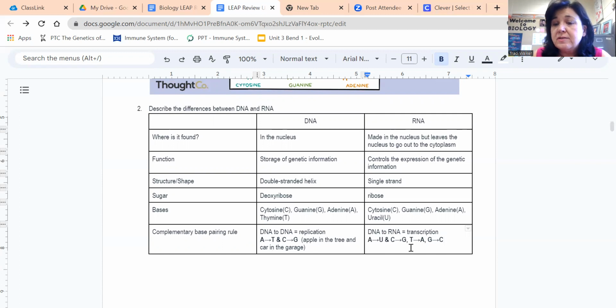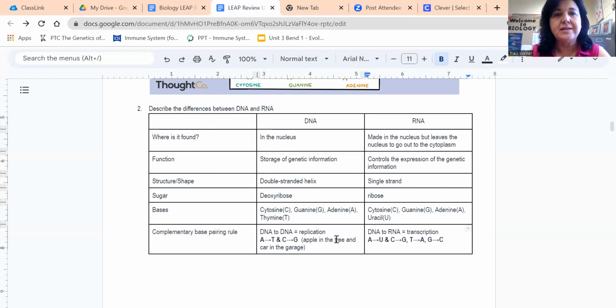And you still can have the thymine in your DNA, but you can't have thymine in your RNA. So thymine would go to adenine just the same way it does over here, but adenine would go to uracil. So that's the only difference in the base pairing.